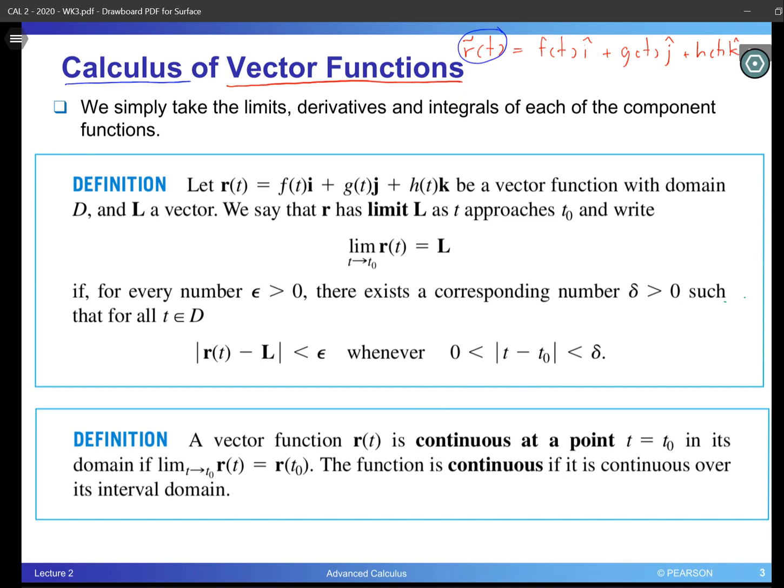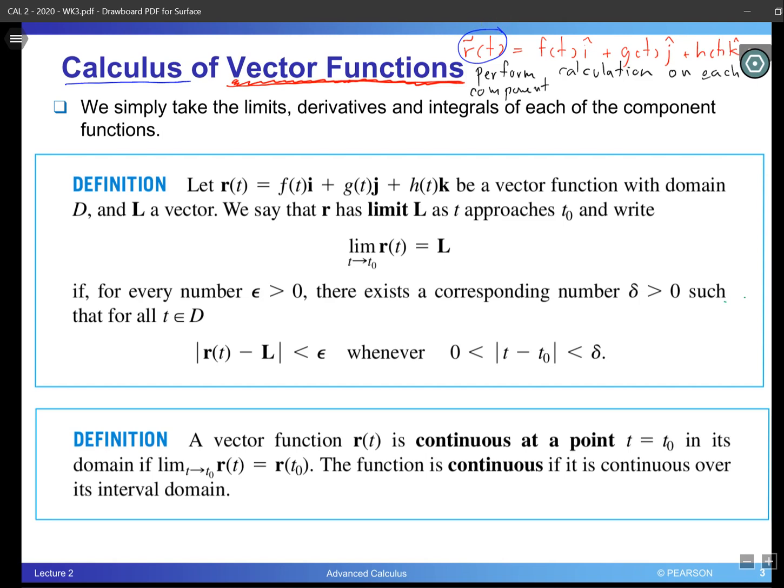So let's make a note here. When it comes to vector functions and the calculations associated with them, it's all about performing the calculation on each component separately while keeping the vector form. So make a note here, it's quite long. When it comes to the calculus or the calculation of vector functions, we perform calculation on each component separately.